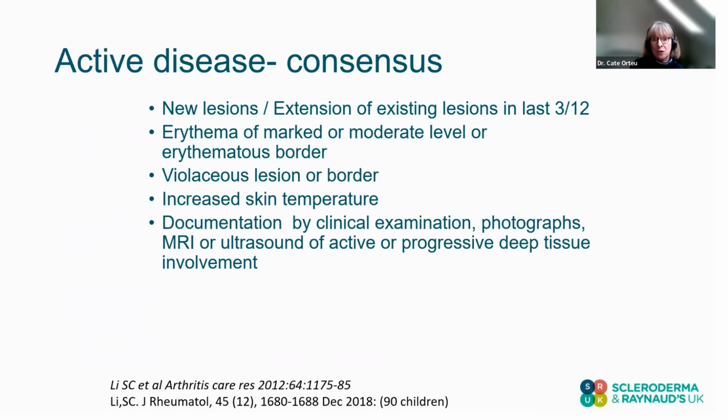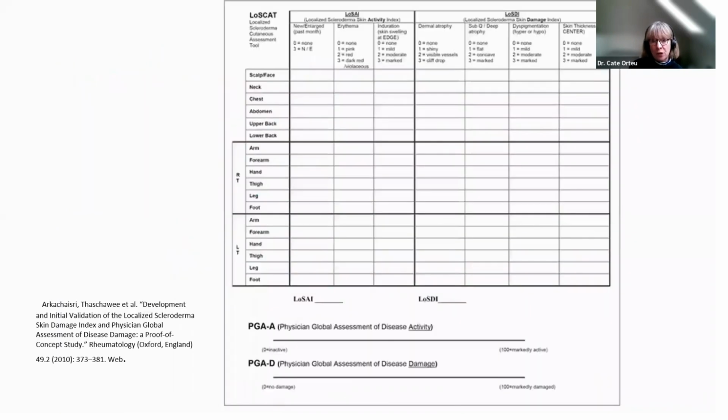So new lesions, extending lesions, that red border, increase in skin temperature, and then evidence on an MRI of inflammation, evidence of progression on clinical photographs, and also we use something called the LoSCAT, which is a skin score which allows us to assess activity and damage.